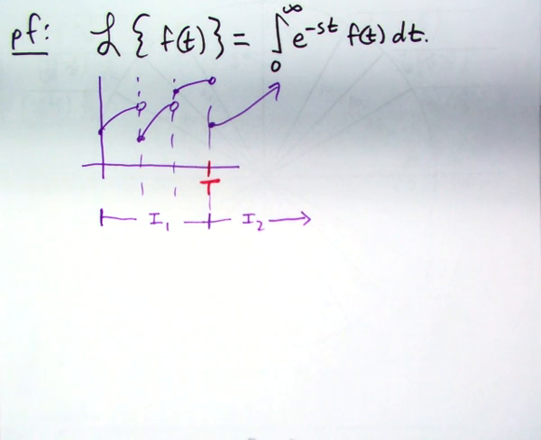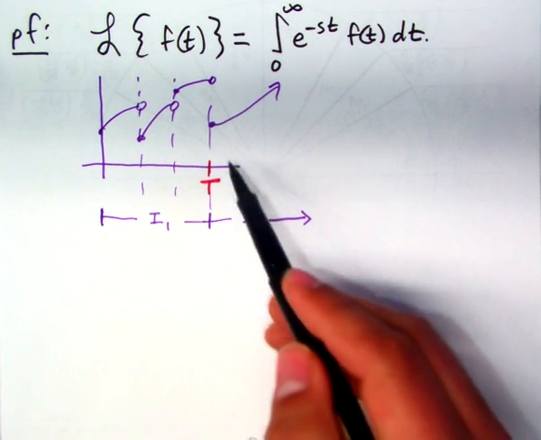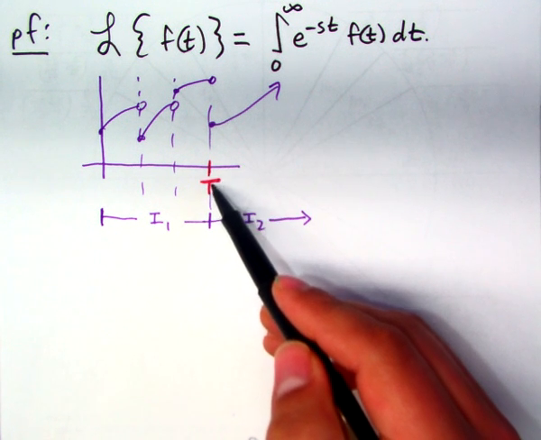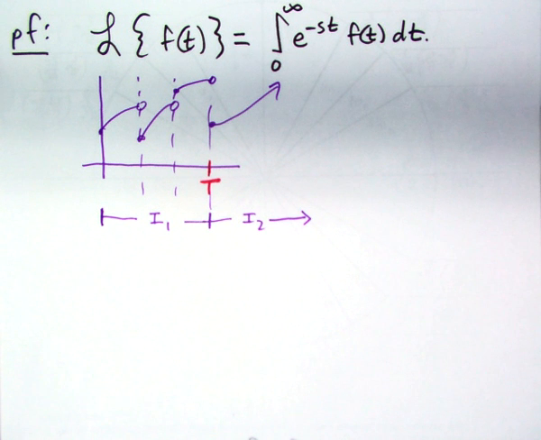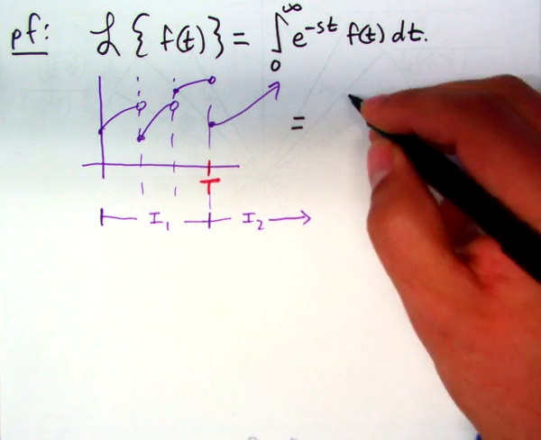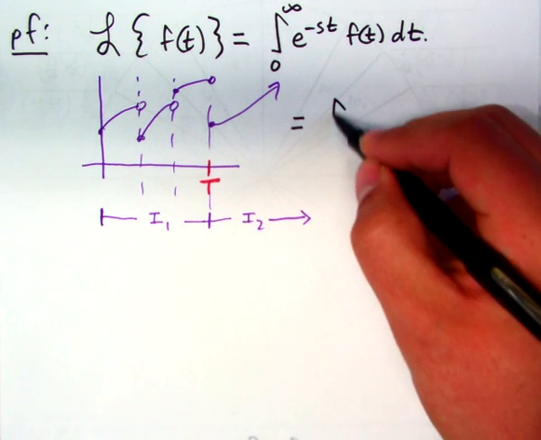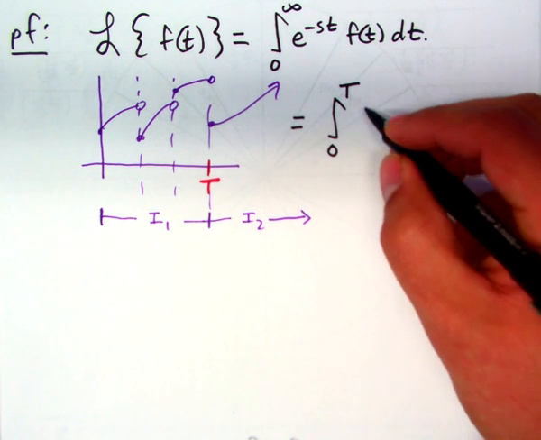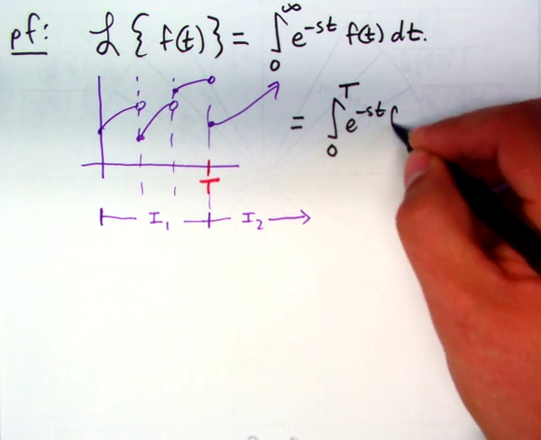Our job is going to be to find some point t that we have an exponential function that's going to be greater than f of t with just these two conditions, that it's of exponential order and that it's piecewise continuous. So if using the definition, we can compute the integral from 0 to t of e to the minus st f of t dt.